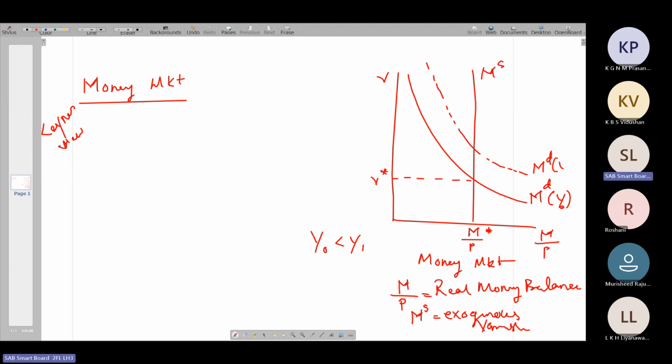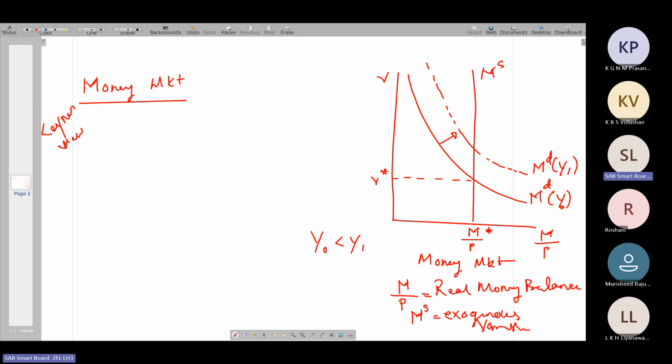Money demand under Y1: when the income level increases from Y0 to Y1, people demand more money under the transaction and precautionary motives. As a result, money demand increases, which can be explained by shifting the money demand curve to the right, given by MDY1.